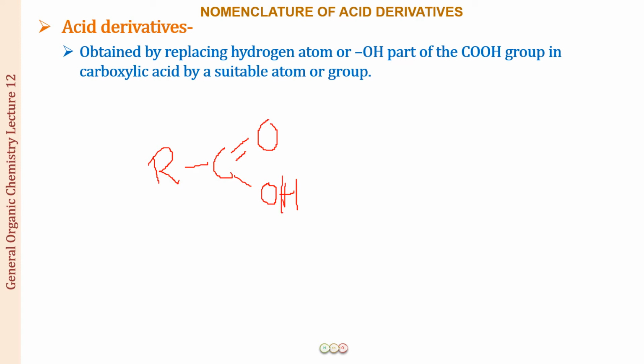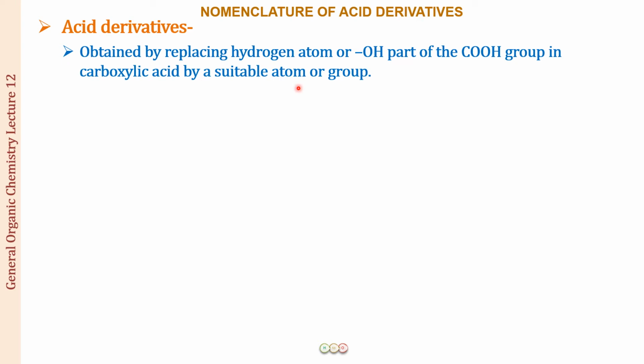If we remove a hydrogen, or remove both of these, and replace it by a suitable atom or group of atoms, we call those compounds the acid derivatives. I hope this is clear. We obtain them by replacing the hydrogen atom or the OH part of the COOH group by an atom or a group of atoms.